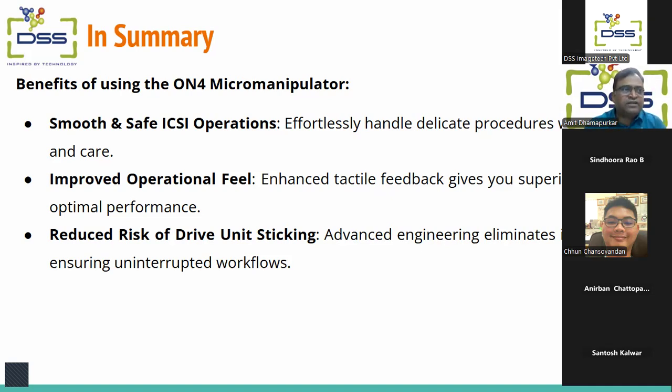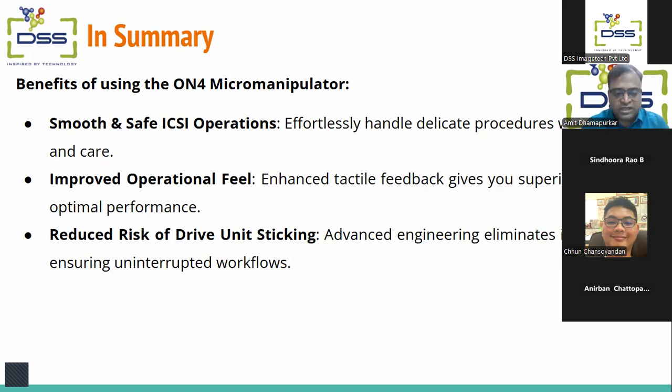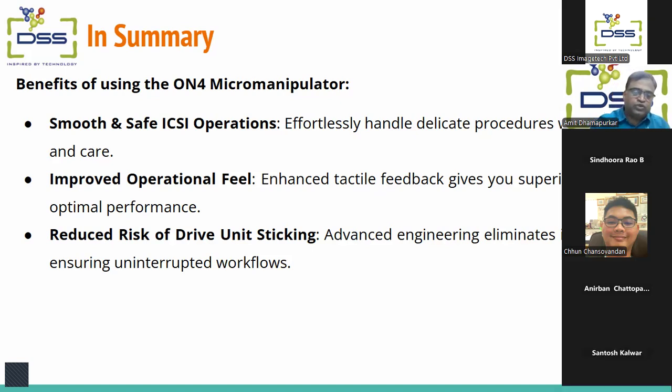And voice of customer, VOC, matters: Olympus believes in it, which is evident, and Narishige believes in VOC too. So their R&D team is in the process of improvement. Rather than having a new version, they are improving this ON4 version periodically for the betterment and benefit of the users and customers.